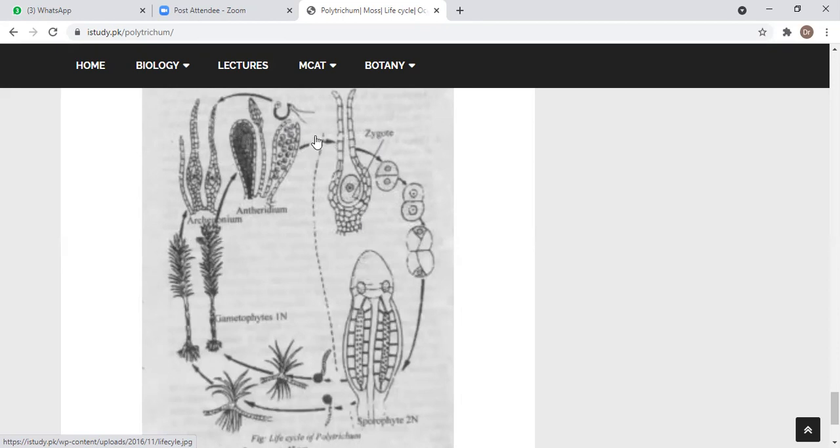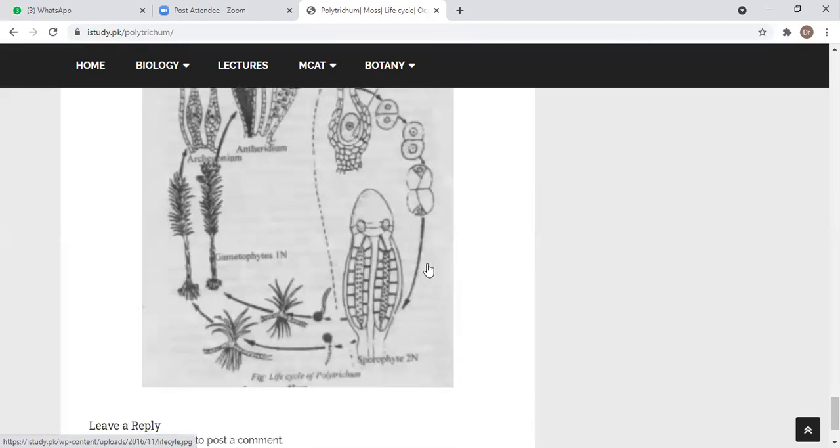So up to the fertilization, the gametophytic generation will end. So the zygote will undergo several developmental stages and result in the formation of a sporophyte. Now this sporophyte, I told you, comprises three regions: foot, seta, and the capsule.